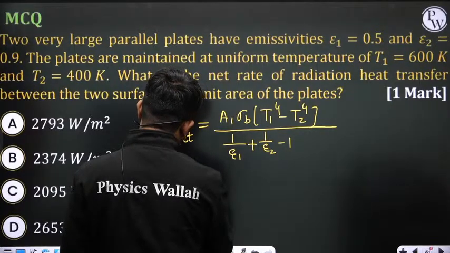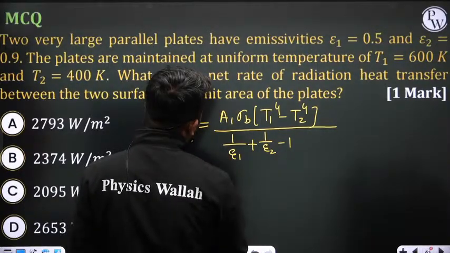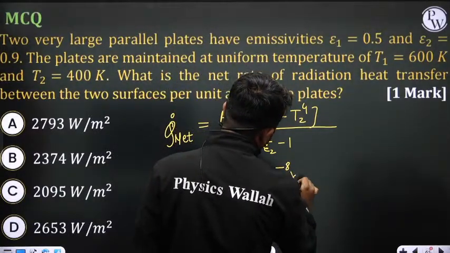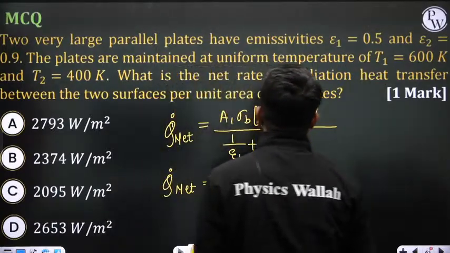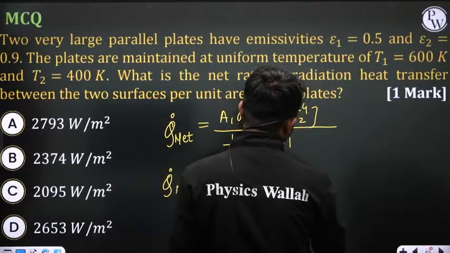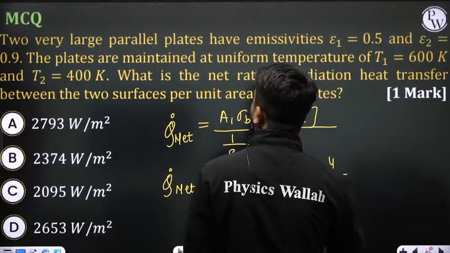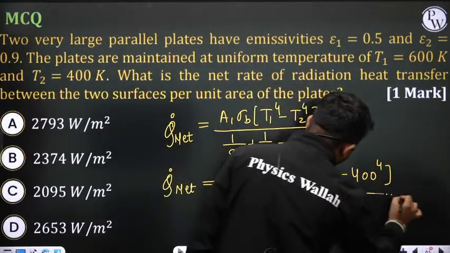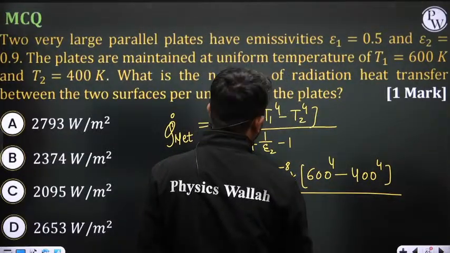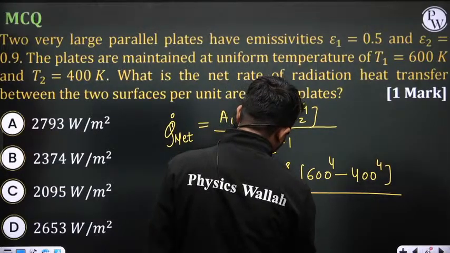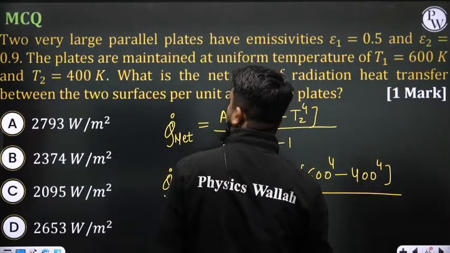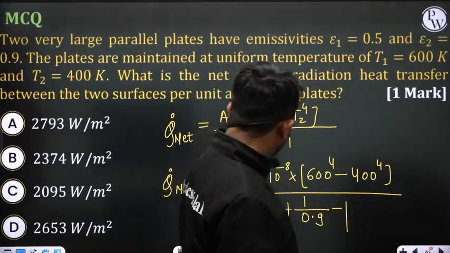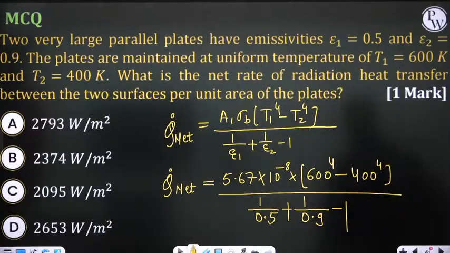So Q dot net is sigma B, 5.67 times 10 to the power minus 8, into (600 to the power 4 minus 400 to the power 4) divided by (1 by 0.5 plus 1 by 0.9 minus 1). Calculate the Q dot net.